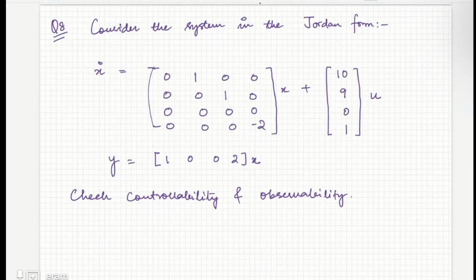Okay, since we already know that if the Jordan form is controllable or observable, the actual system will be controllable and observable. Now, how to check for controllability by looking at the Jordan form?